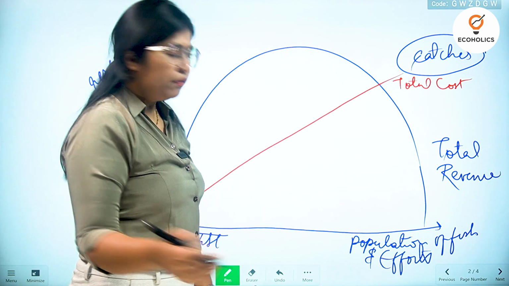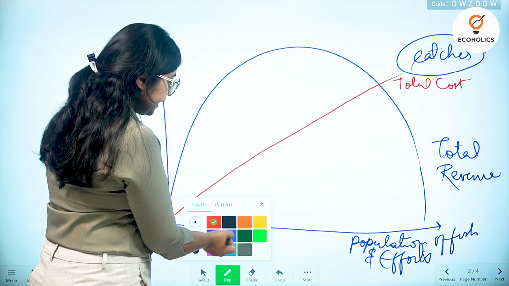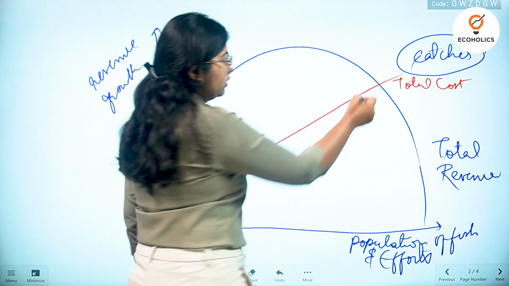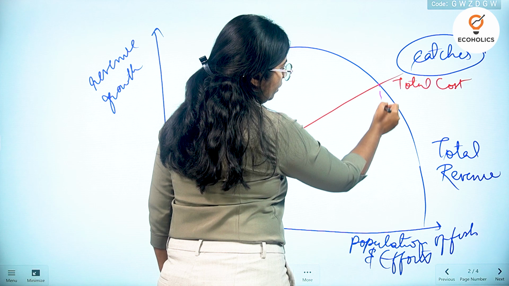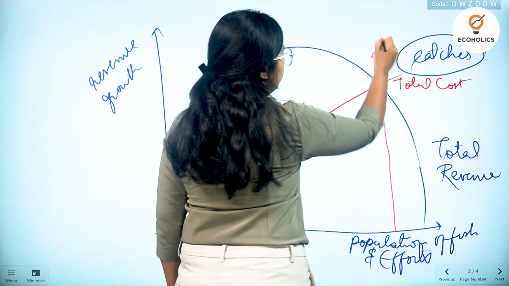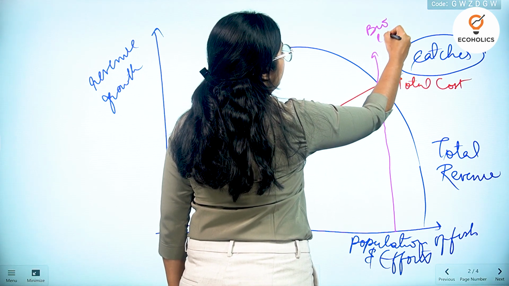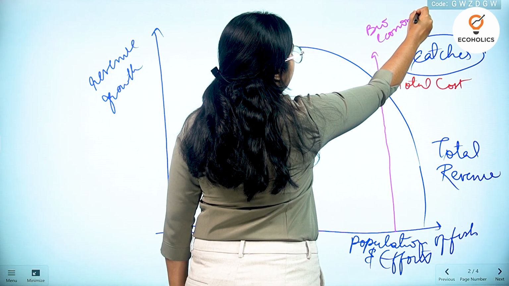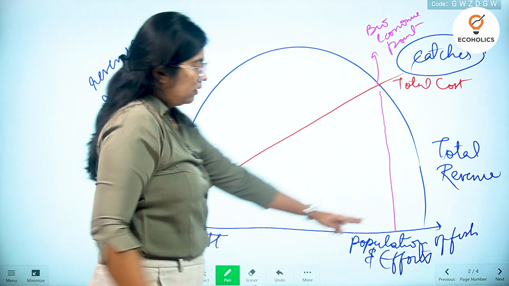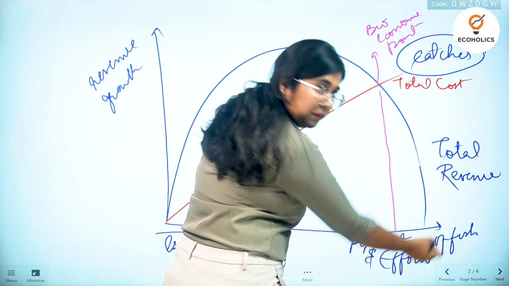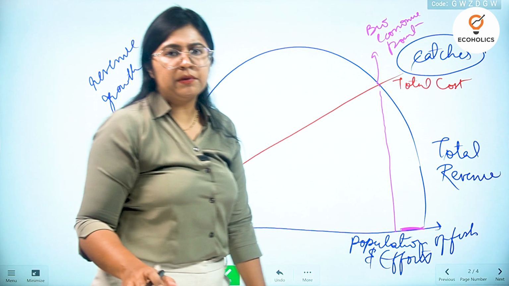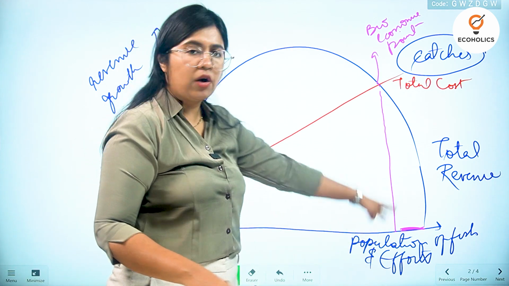Now, we know for a fact that the point at which the total cost and total revenue meet will be called the bioeconomic point. If you look at the population from the population angle, we'll see that there's very little population of fish that can be caught.